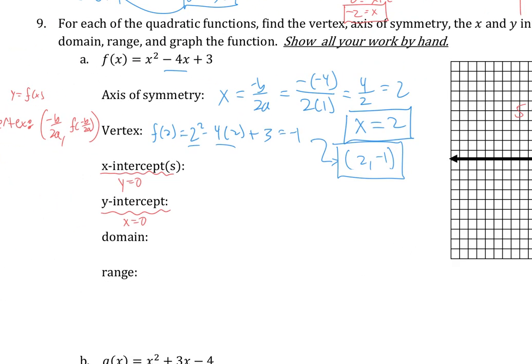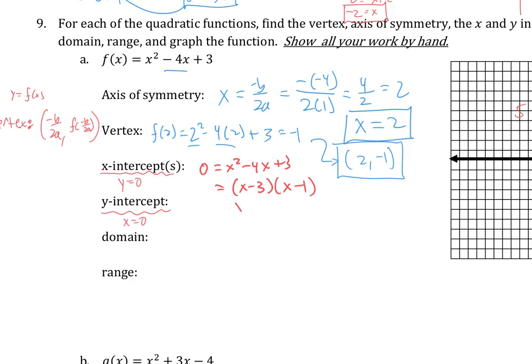We need the x-intercepts, so we're going to plug in 0 for y. f of x is the same as y. So 0 equals x squared minus 4x plus 3. We could try to factor this, which I think does factor. This factors into (x minus 3) times (x minus 1). Those numbers add to negative 4 and multiply to 3.